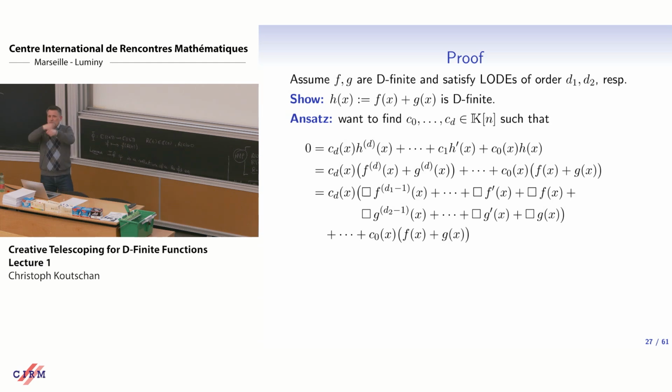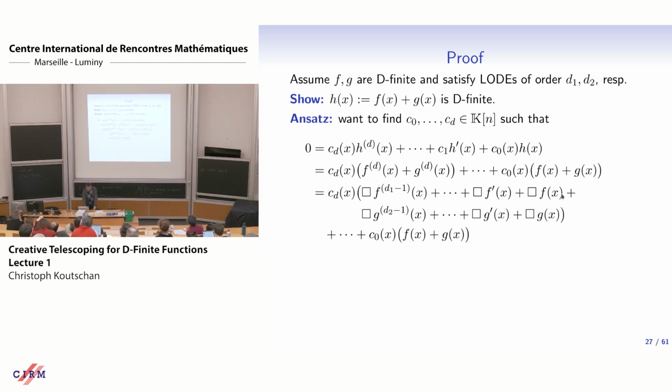But this rewriting process will introduce rational function coefficients. And of course we do the same for g. And we not only do this for this highest derivative, but for all derivatives. Here there's nothing to do because you cannot write this in simpler terms. But in total, you get a big expression where you have derivatives of f up to d1 minus 1 and the derivatives of g up to d2 minus 1.